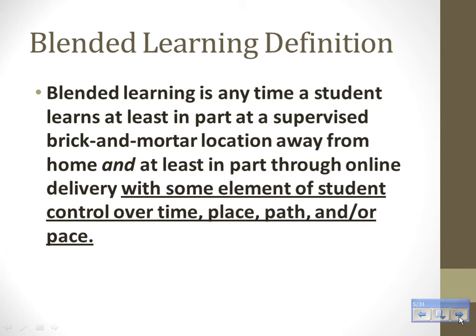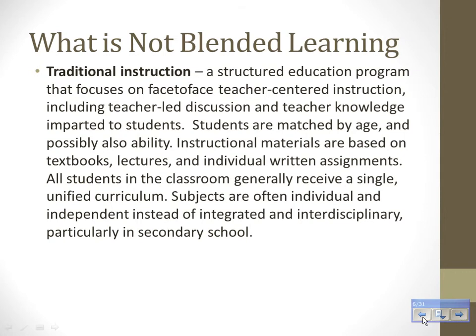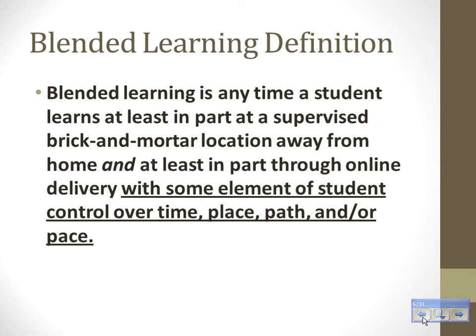Okay, so this is their definition of blended learning. It's any time a student learns at least part of it here at school and part of it not at school. Okay, so that it's the two of those.